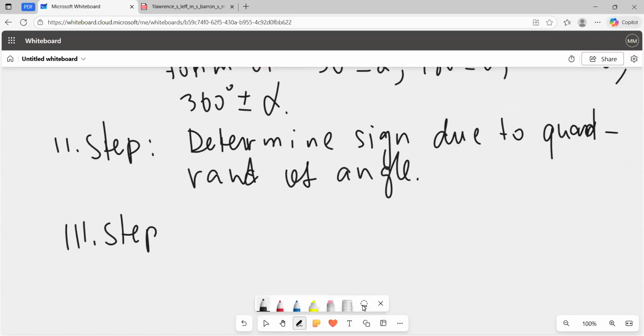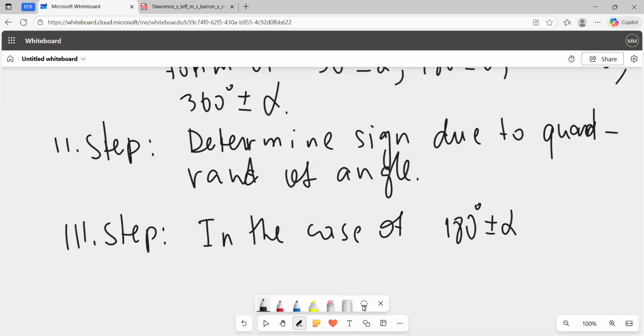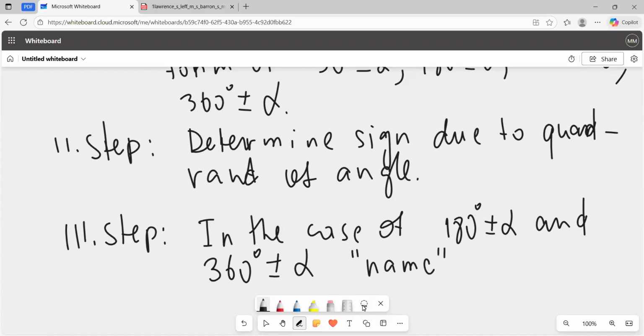Third step: in the case of 180 degrees plus or minus alpha and 360 degrees plus or minus alpha, the name does not change.